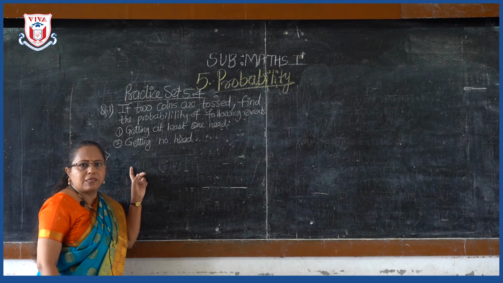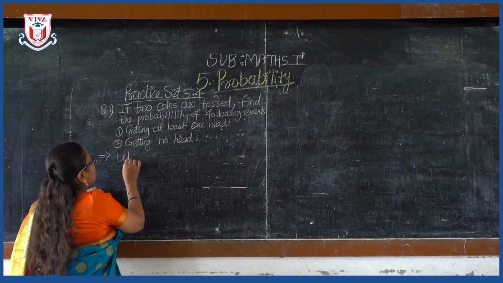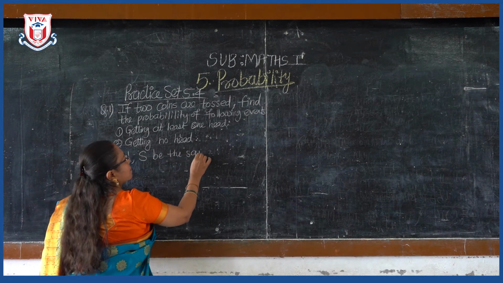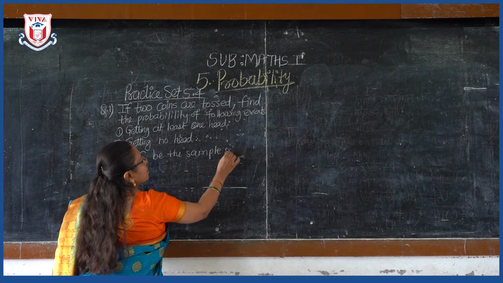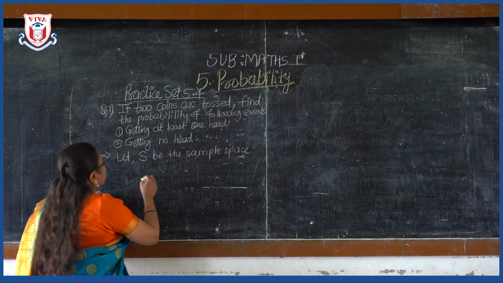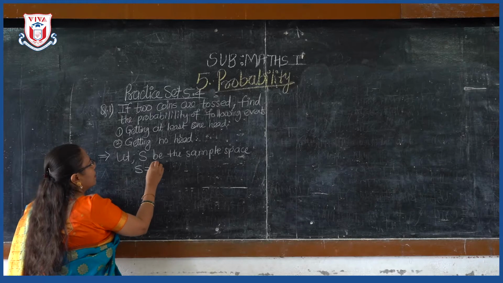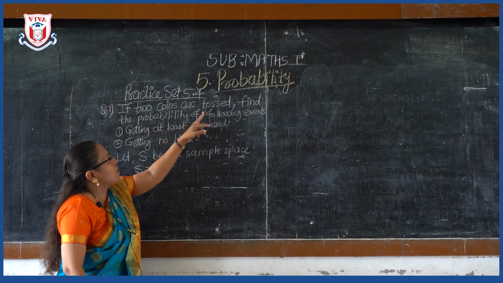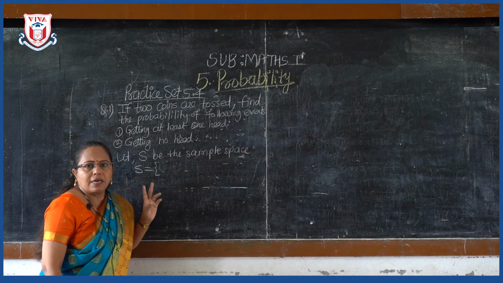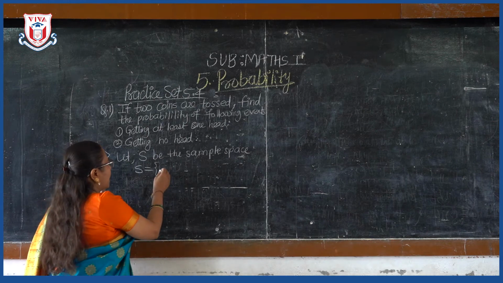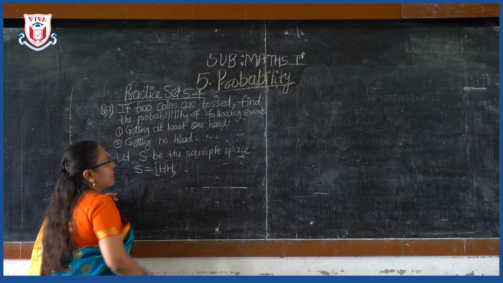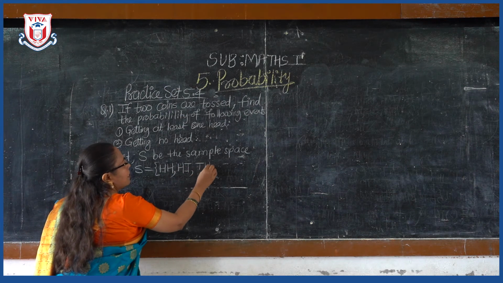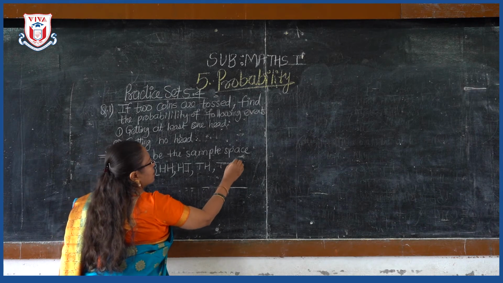Let S be the sample space. First we have to write the sample space for the given experiment. The experiment is two coins are tossed. When two coins are tossed, the possible outcomes are first HH, second HT, third TH and fourth TT.